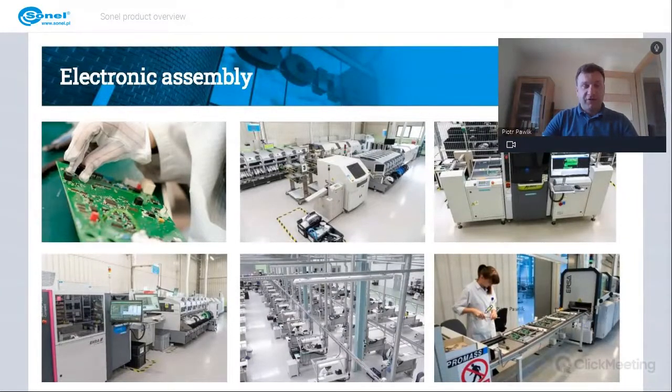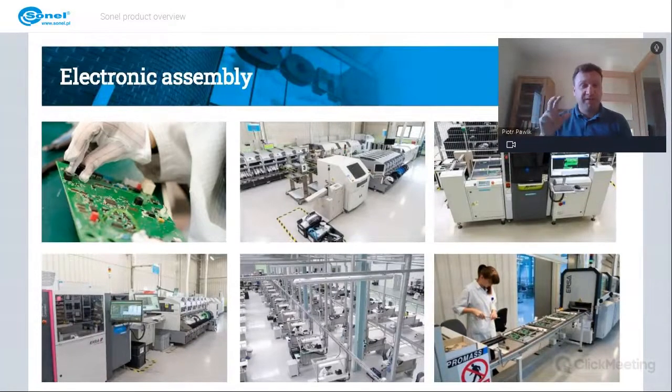We have special soldering machines. We have a quality check with the cameras. So we can provide a really good quality of electronic assembly. And we have some customers worldwide. I think the biggest one right now is Lincoln Electric. That's a US company which is making welding machines.